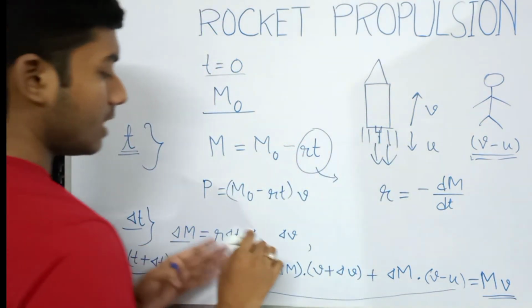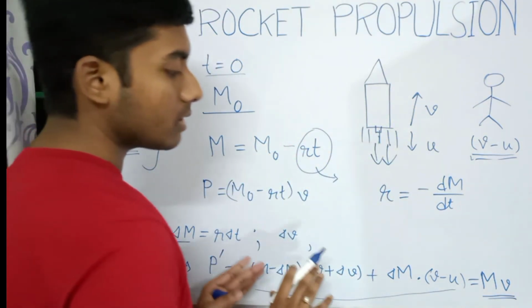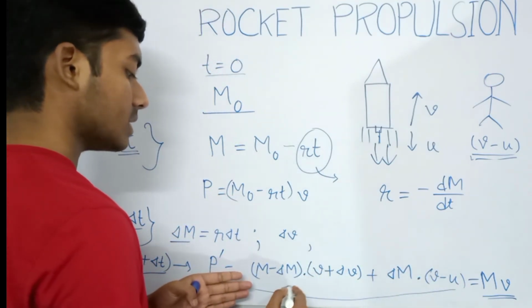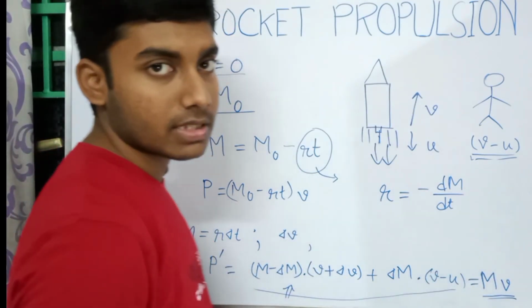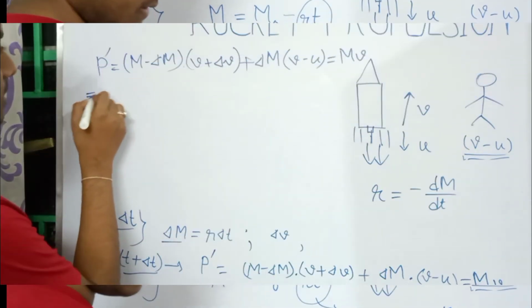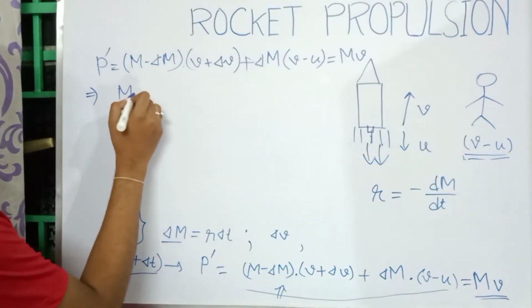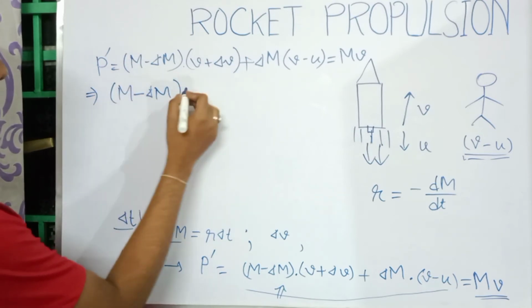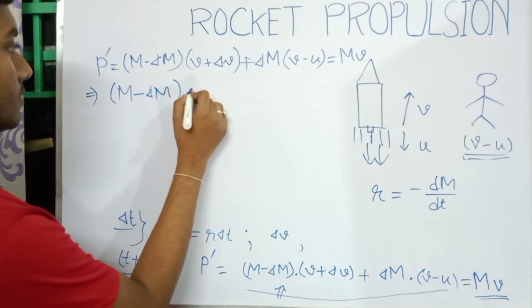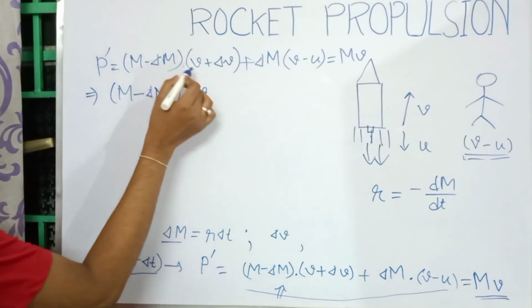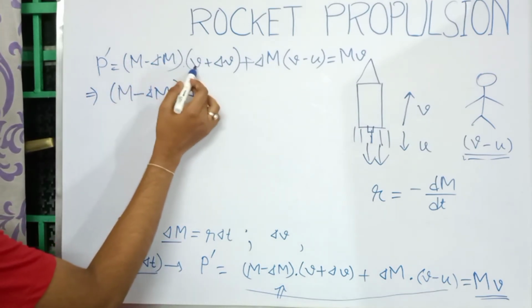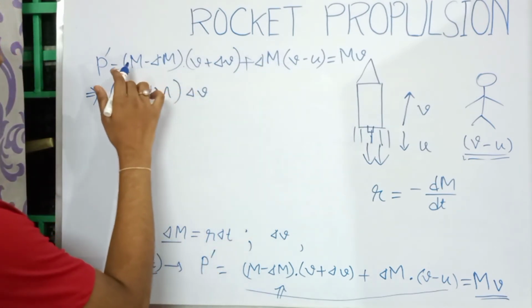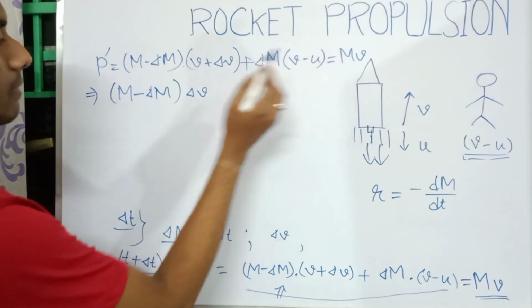As the linear momentum is conserved, the momentum before of the system will be equal to the momentum later of the system. If you calculate, this will become m del v minus del m del v, and the del m del v terms will be cancelled out, and mv and this mv will be cancelled out.